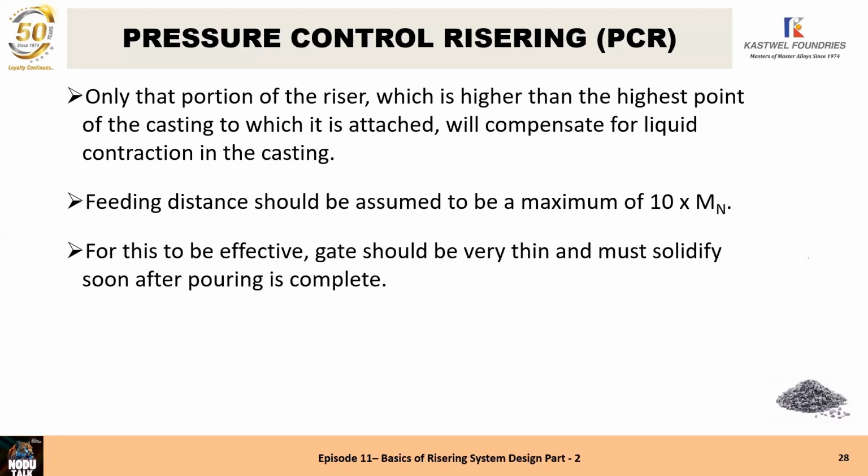We want to isolate the gating system from the other system, which is casting and riser. So casting and riser is one system and gating is the other system. We want to isolate the two. So we use ingates which are thin and wide so that after the pouring is complete, the ingate solidifies and isolates the gating system from the casting riser system.